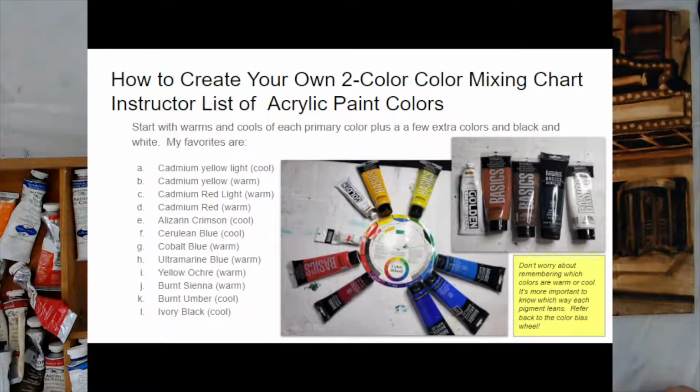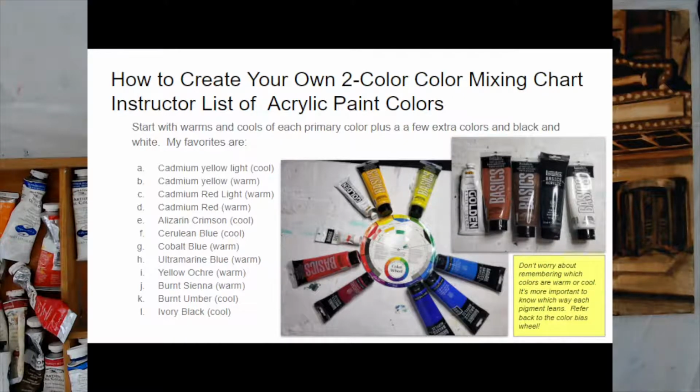With the blues, if I want to mix a purple, if I want to pick a blue and a red to mix purple, I want to pick the red that reflects more violet and the blue that reflects more violet. That's going to give me the most brilliant purple, because they both reflect violet.